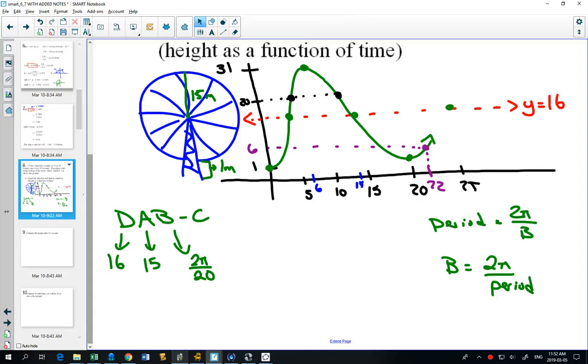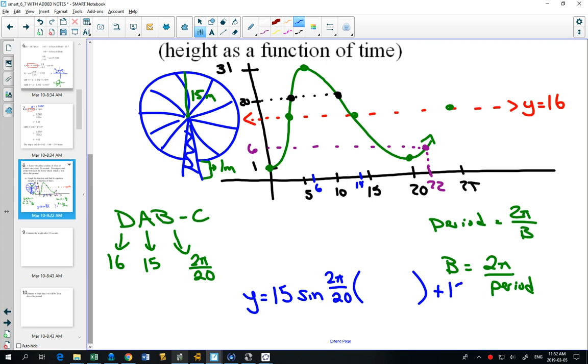And then when we go to write our equation, the c value is going to change whether you decide to write a sine graph or a cosine graph. So let's say I decide first that I want to write a sine graph. My amplitude is 15. My b value is 2 pi over 20. And my d value is plus 15.